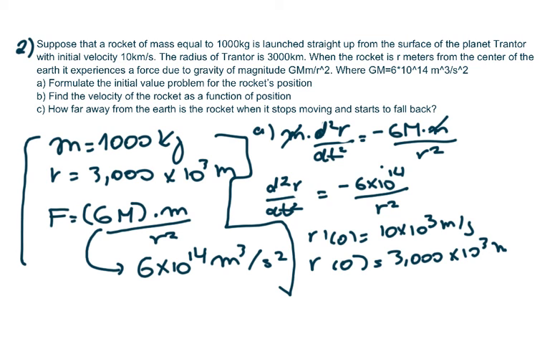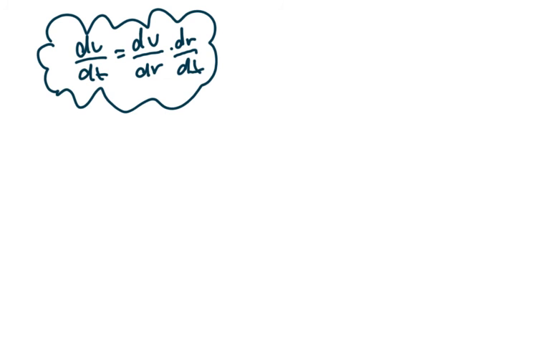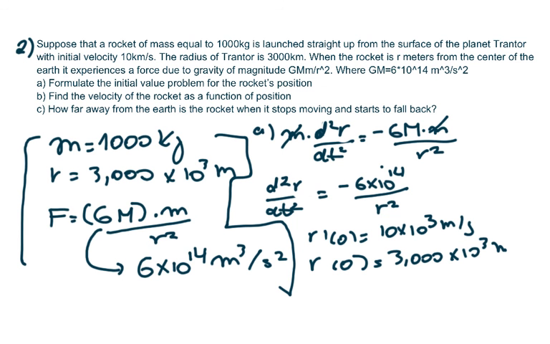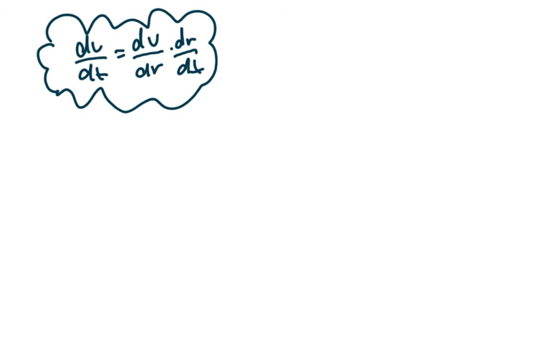Now for part B, we need to use the phase plane method to find the velocity of the rocket as a function of position. So right here we have our phase plane method. Let's go ahead and substitute everything. So let's write it down as dv over dr times dr over dt.